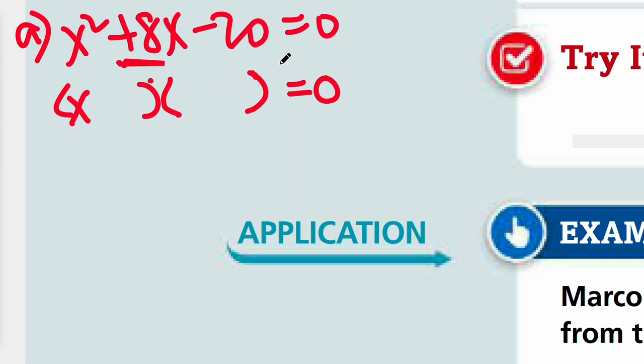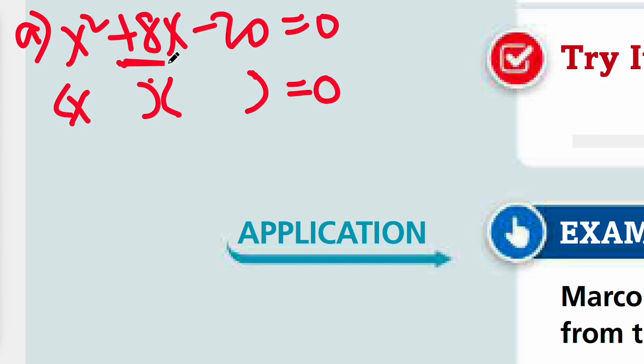So we want to pick another pair, maybe 4 and 5, right? Either one has to be negative. If 4 is negative, you would have positive 1 if you add them up. If 5 is negative, you would have negative 1, so that's not correct either.